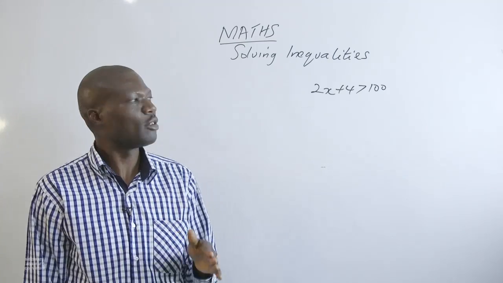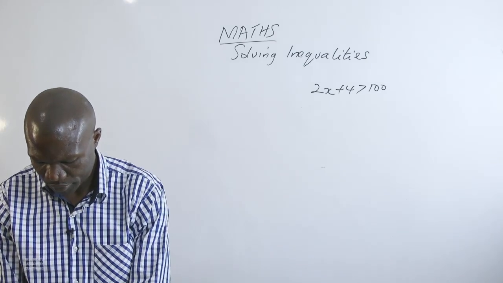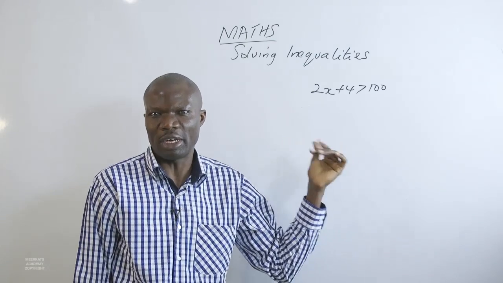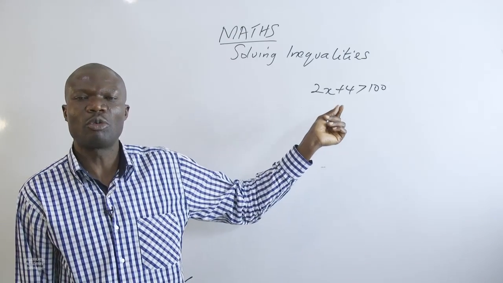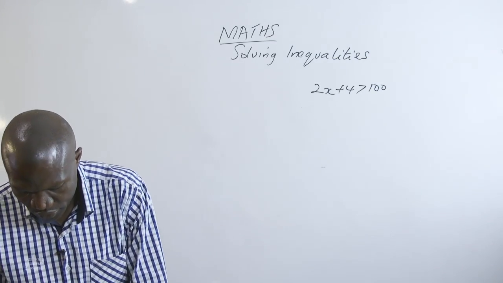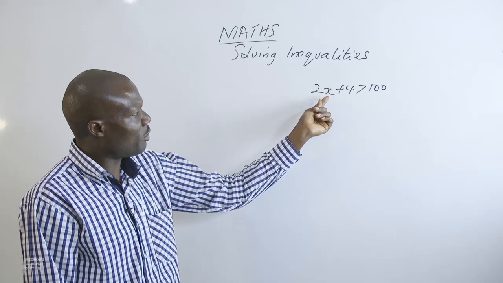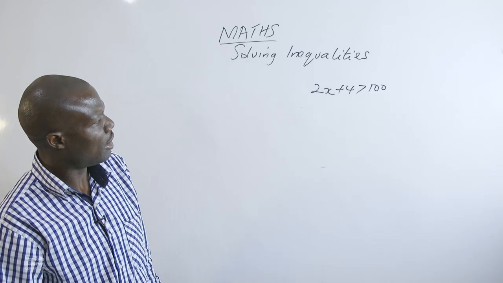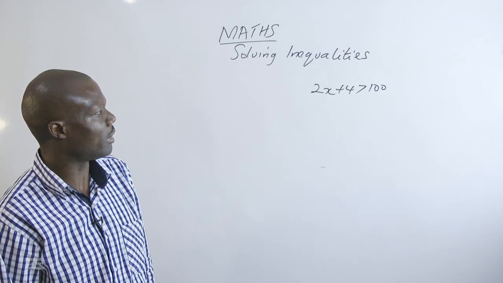So what do we mean when we say we are solving inequalities? To solve an inequality means to find all the values that can make this inequality true. So if we were looking at this case, when we substitute, 2x plus 4 will be greater than 100.